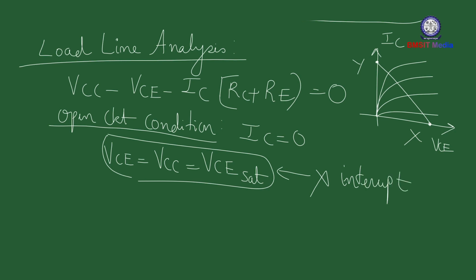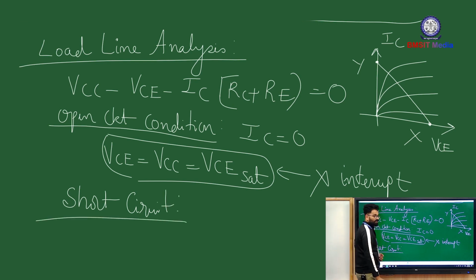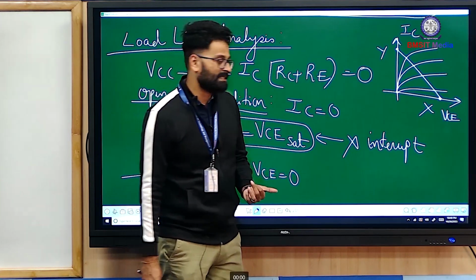Right? And then you have the opposite of open circuit condition, which is short circuit condition. This is the second extreme condition. So in short circuit condition, we make this voltage zero, right? Because in case of short circuit, voltage is zero and current is maximum.